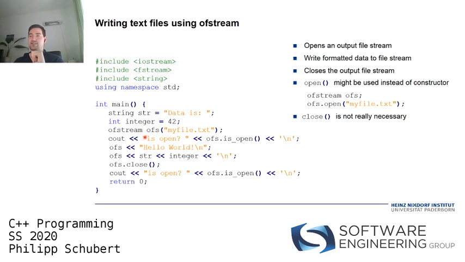And the destructor will be defined such that it closes the associated file once the variable goes out of scope. So you don't really need to use close explicitly. Whenever the ofs variable goes out of scope, the file stream is automatically closed, because it's defined in the destructor.